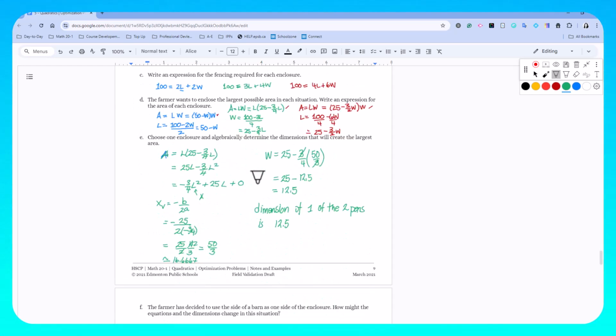They gave us meters. So 12.5 meters times, now we'll use the rounded value here, let's say 16.7 meters.